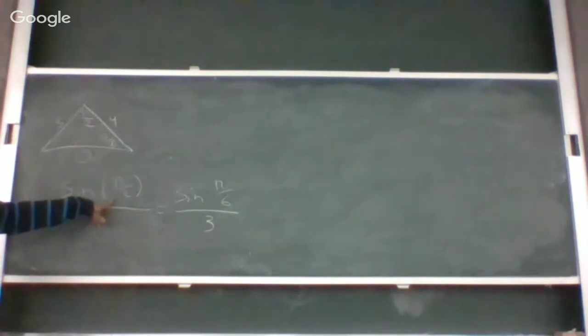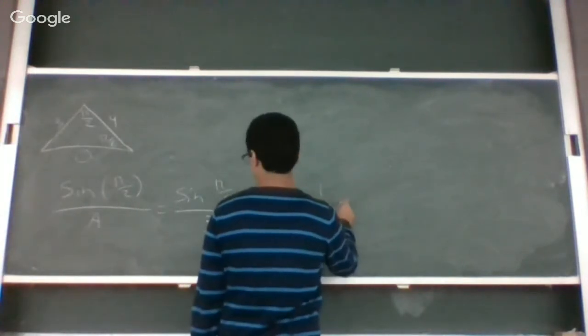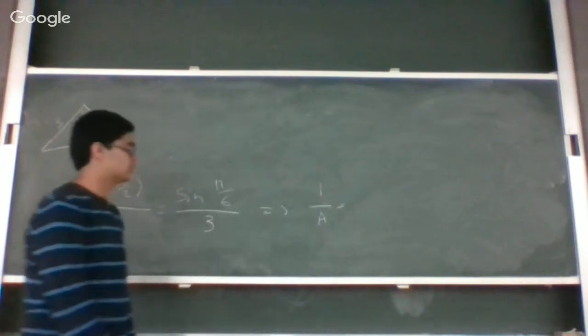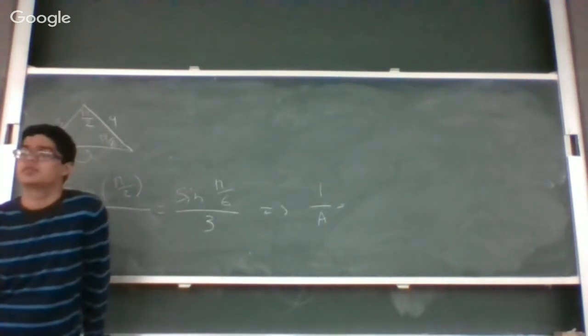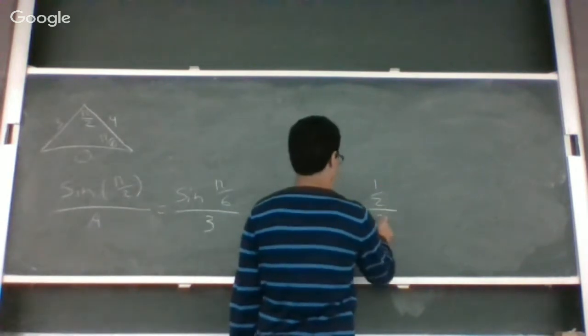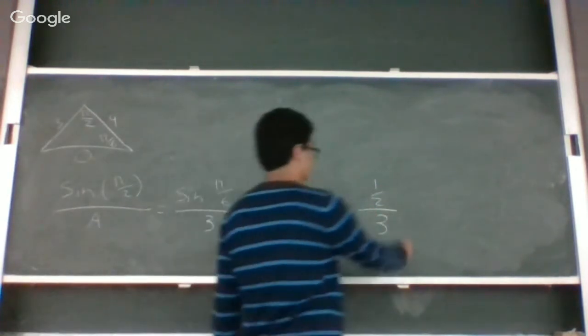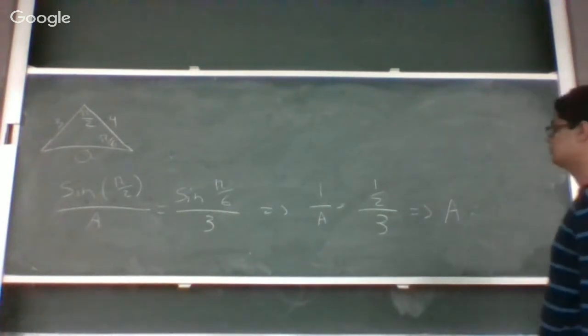What is the sine of pi over 2? 1. So we have 1 over A. What's sine of pi over 6? It is 1/2, divided by 3. Therefore, A is equal to 6.